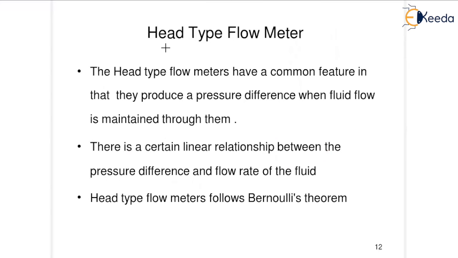Clear? Now, head type flow meters have a common feature: they produce a pressure difference when fluid flow is maintained through them. There is always a linear relationship between the pressure difference and flow rate of the fluid.